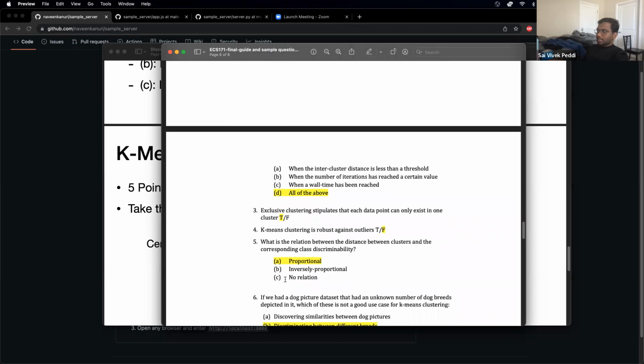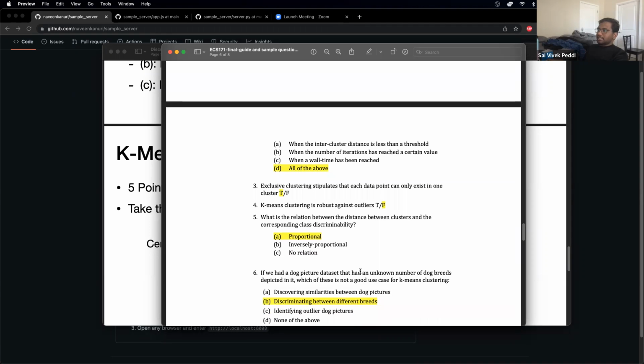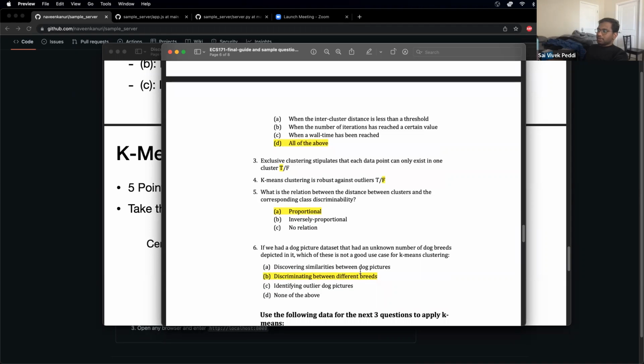K-means clustering is robust against outliers. Honestly speaking, no machine learning model is actually robust against outliers, and K-means falls in the same category. What is the relationship between the distance between the clusters and corresponding class discriminability? It's proportional.